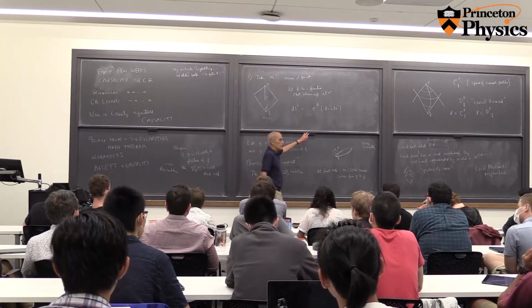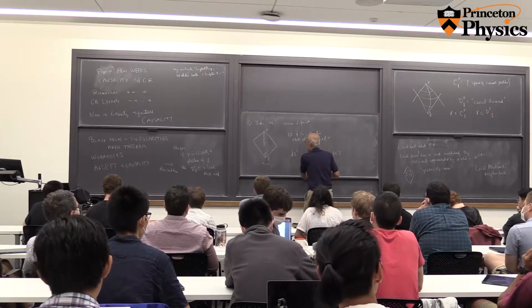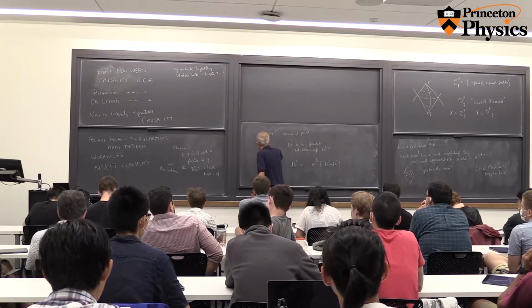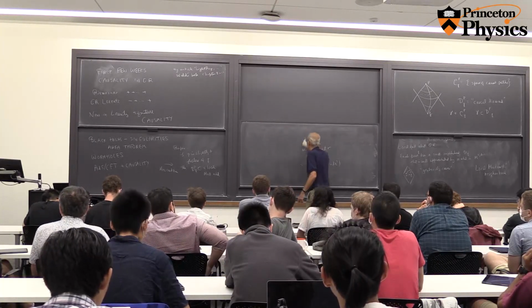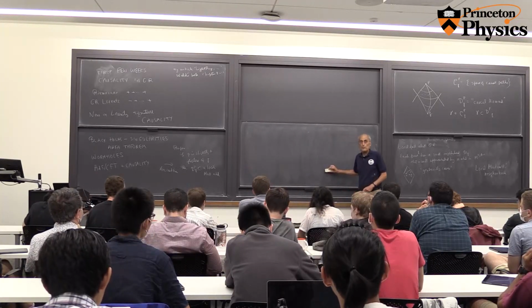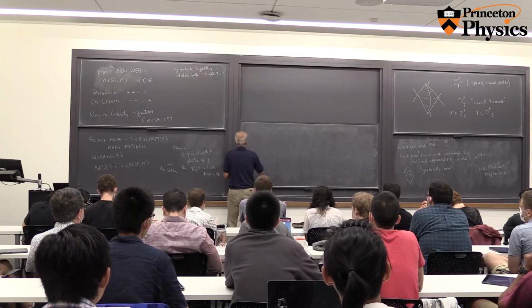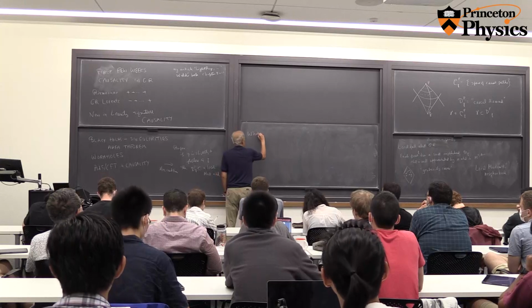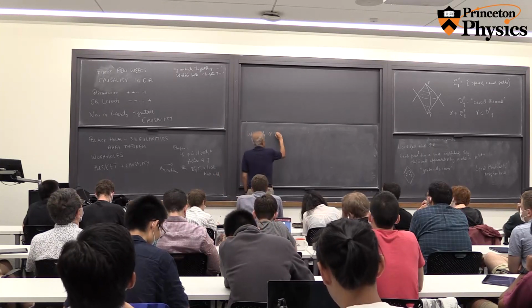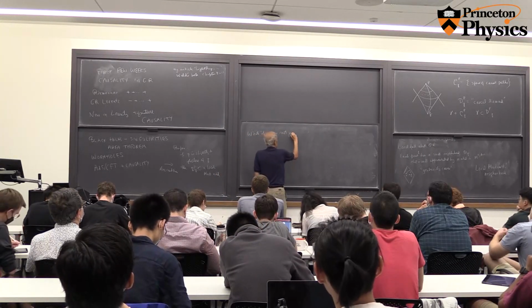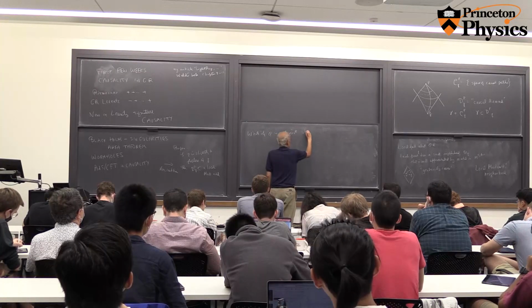Whatever the causal diamond is compact. But we want to say something when P isn't just slightly to the future of Q. And that will be presumably the rest of this lecture and probably a good part of Thursday. So what if P is not just slightly to the future?